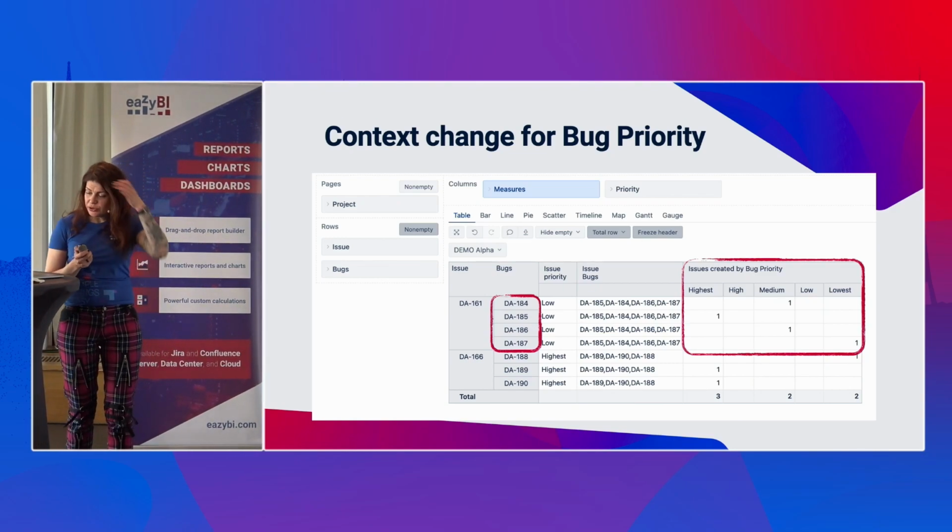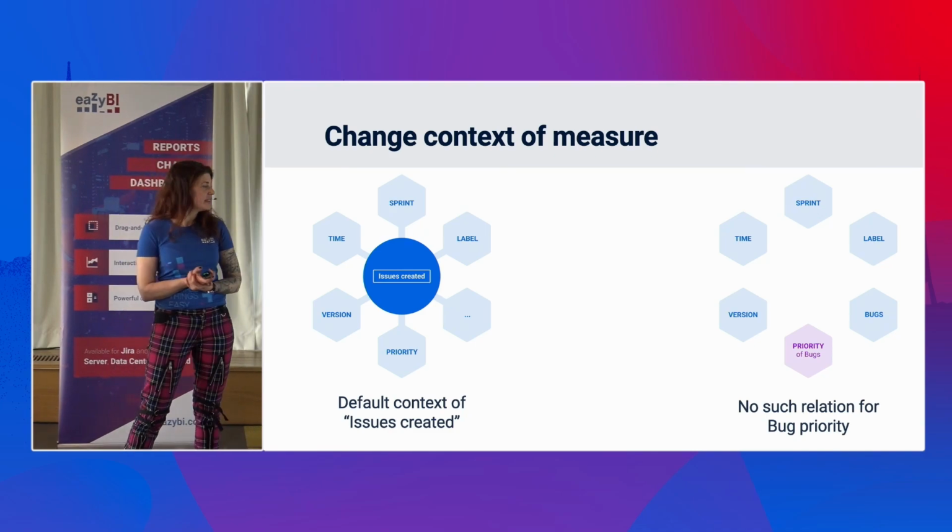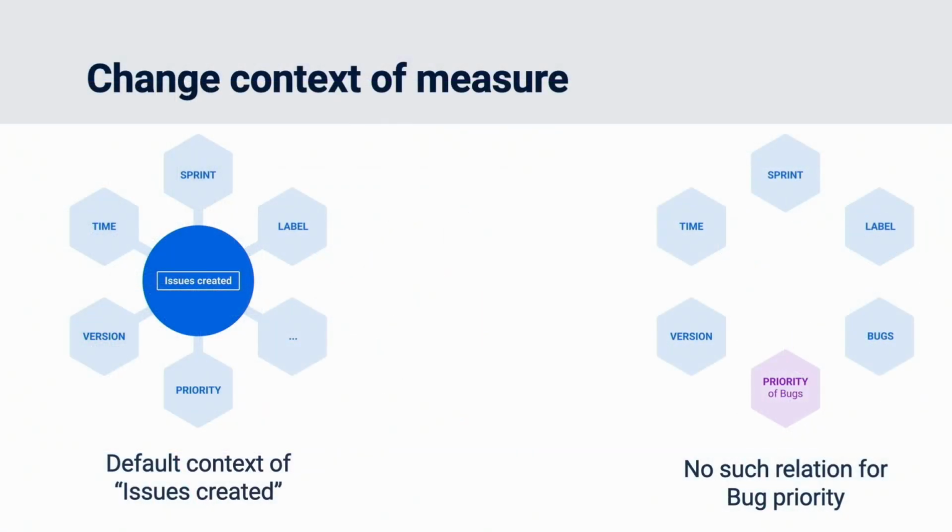So to do this, I will go with schematics with stars. By default, what we have on the left side is this star scheme. In the middle, there's issues created, what I had in the report, and there is priority and the link through it. We want something different. We want the priority of the bug in our report to group the data.